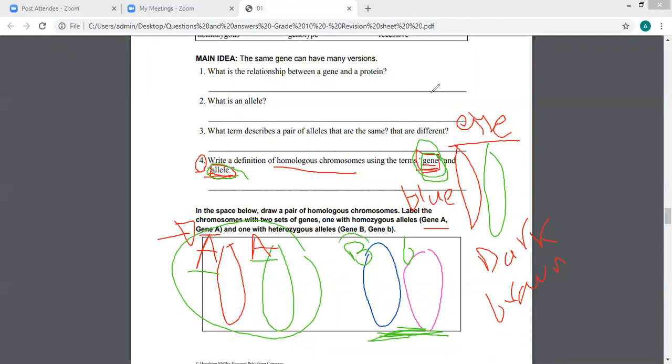For example, capital P represents blue eye color, small p represents dark brown eye color. So the first two, gene A, are homozygous. The second, capital P and small p, are heterozygous.